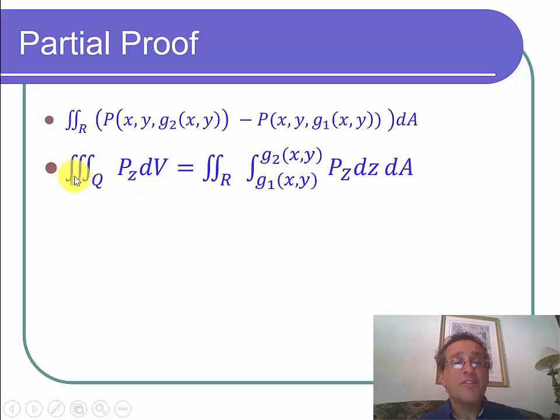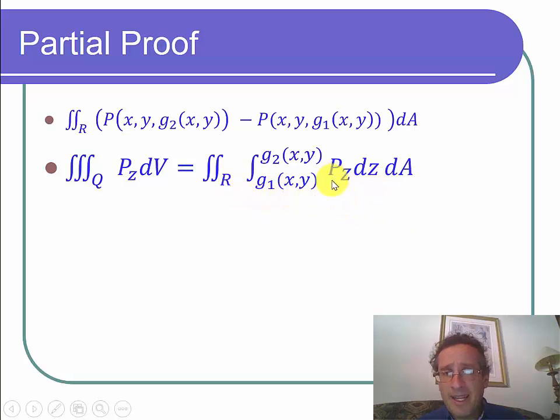The triple integral over Q of the partial derivative of p with respect to z dv is equal to the double integral over R of the single integral from bottom to top, remember the bottom was g1 of xy, the top was g2 of xy, of p sub z dz times dA. That's just realizing that the triple integral is the double integral of the single integral.